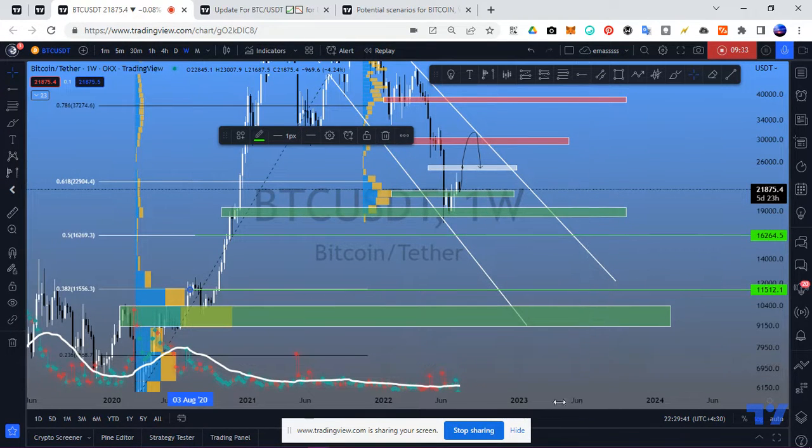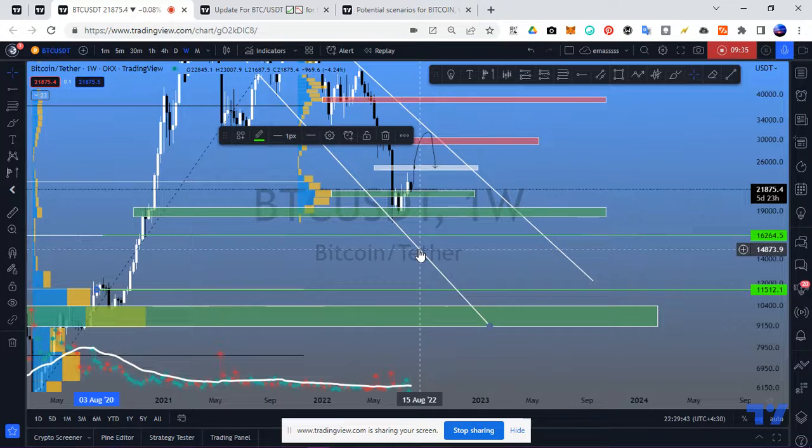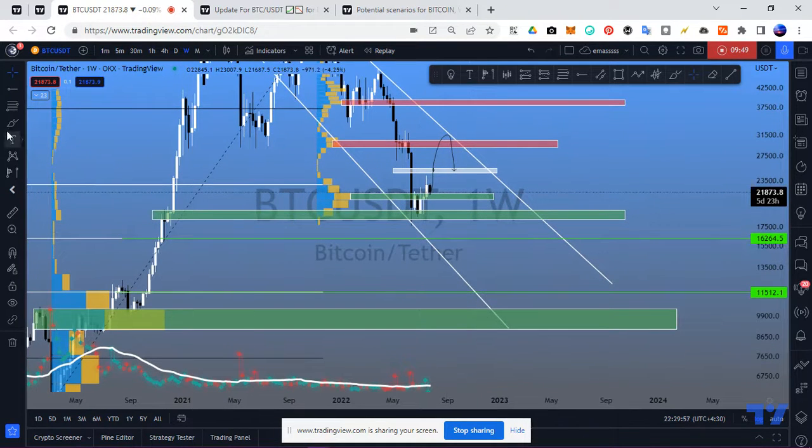So in this case, I'm not sure where the bottom of Bitcoin is if it loses this important support zone, and I don't know, and nobody knows, where the bottom price of Bitcoin is, but it will probably react to these important Fibonacci levels, maybe here or maybe here.